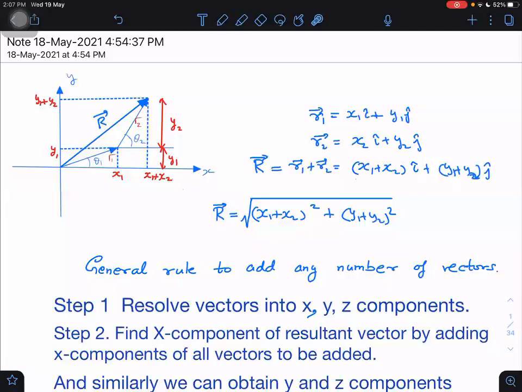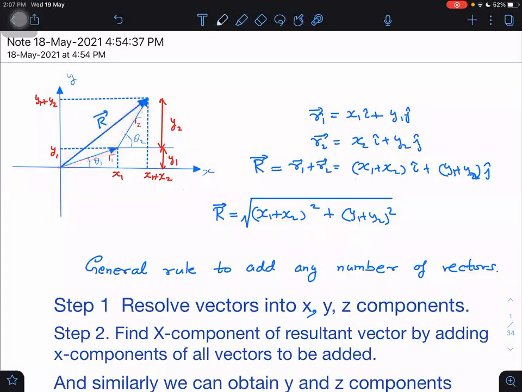Let us say here I have drawn this y-axis and this is the x-axis. And I have taken two vectors. One vector is r1, another vector is r2. The sum of these two vectors is this r.